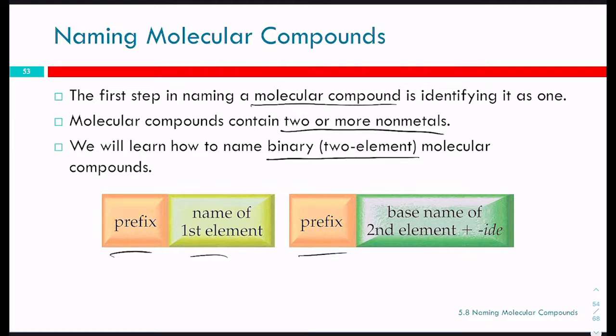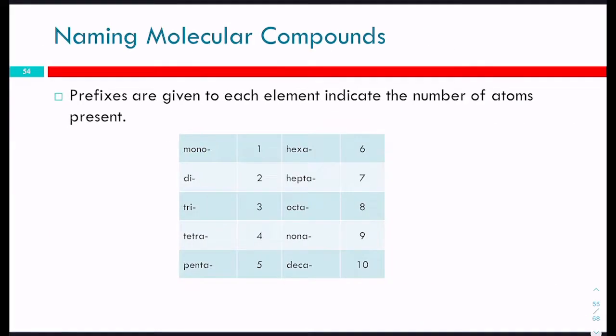For the second element, like we did for the ionic compounds, we change that to IDE. So these are the prefixes: mono, di, tri, tetra, penta, all the way up to 10, deca, indicating how many of those there are.